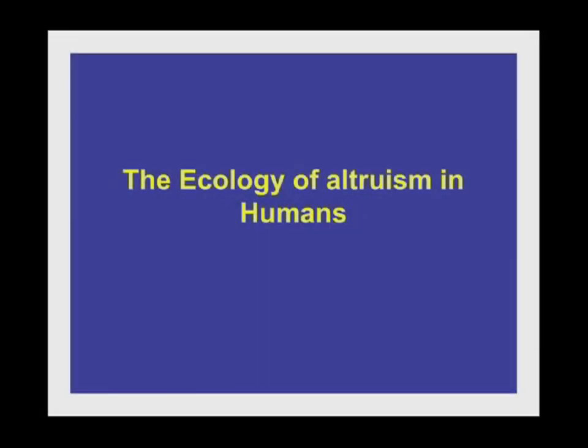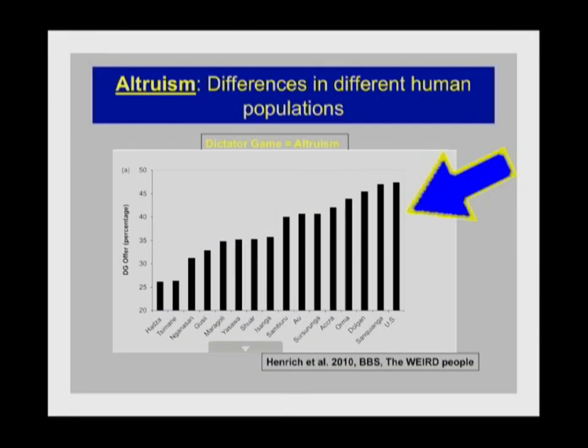Let me give you a few examples of the importance of ecology in the expression of altruism in humans. Maybe some of you know the work of Joe Henrich and many other people, where they have been reproducing the dictator game. You give an amount of money to one individual, and he has to share part of it with another individual that he knows is around, but doesn't know who it is.